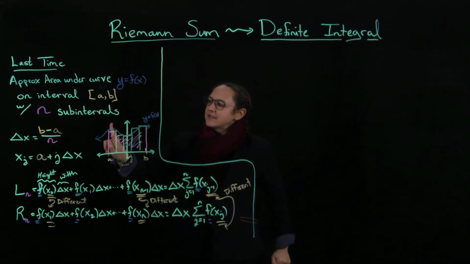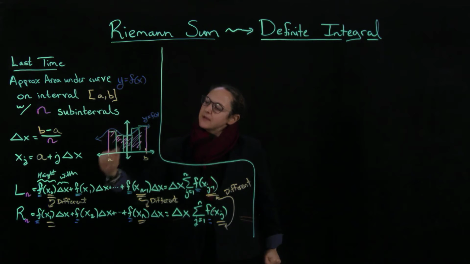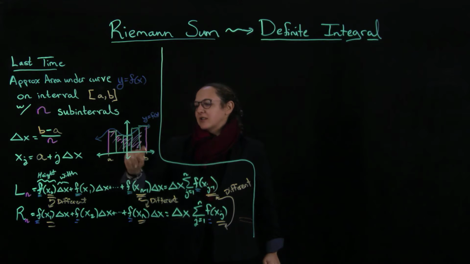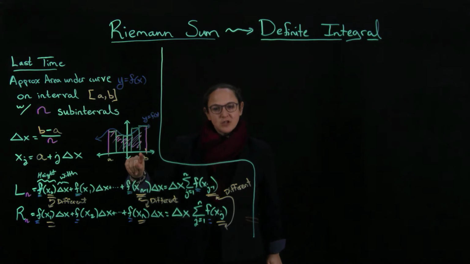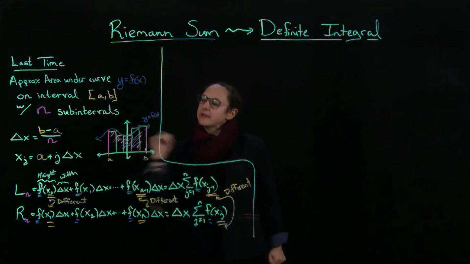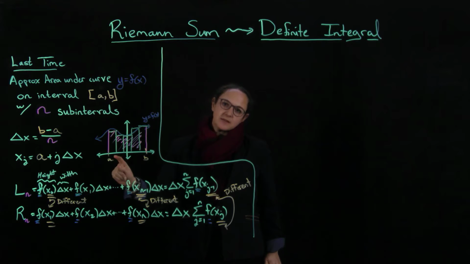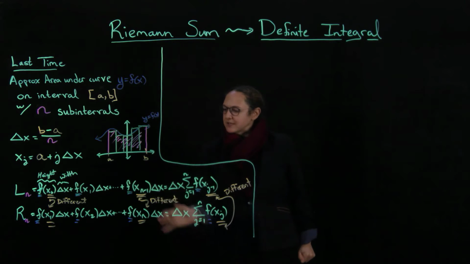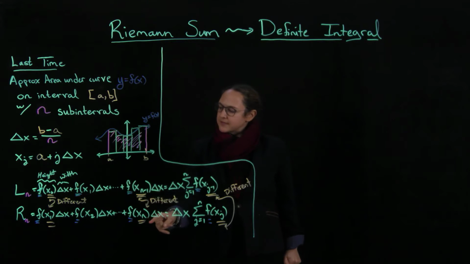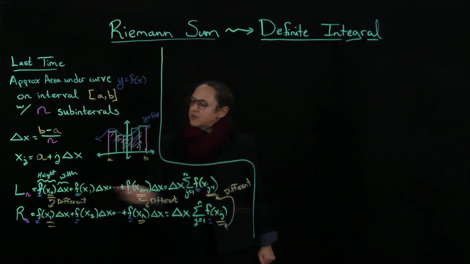If you're on the left-hand side, you're going to start with this endpoint being plugged into the function, and you're going to end with this endpoint being plugged into the function. But if you're on the right-hand side, you're going to start with this endpoint being plugged into the function and end with this endpoint being plugged into the function. And that's why we get this shift up by 1 from n minus 1 to n, from 0 to 1. So that's where things are different.